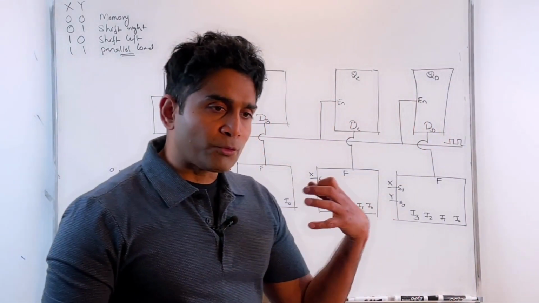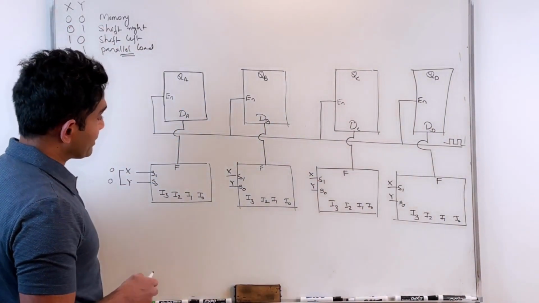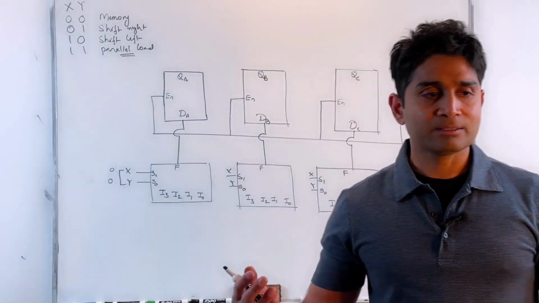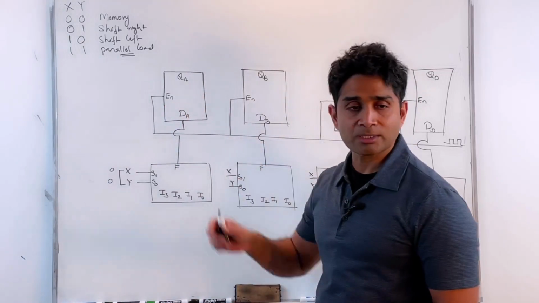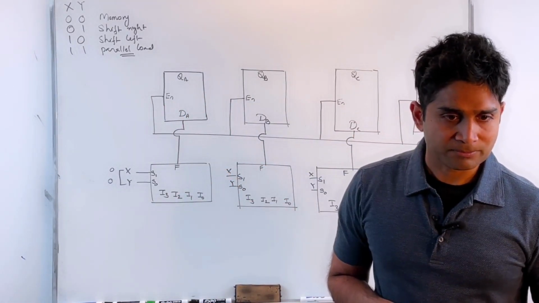Now I want to configure this as memory when I apply 0, 0. That means any new information should not be overwriting the values that are already stored on QA, QB, QC, and QD in this case.